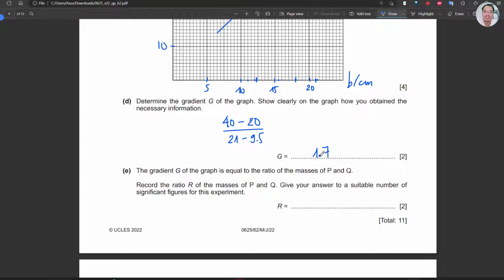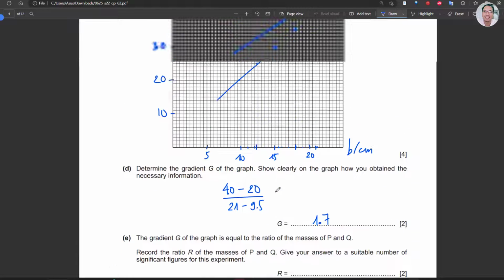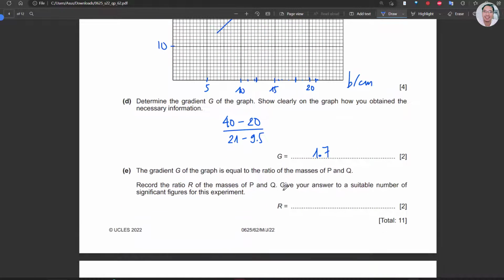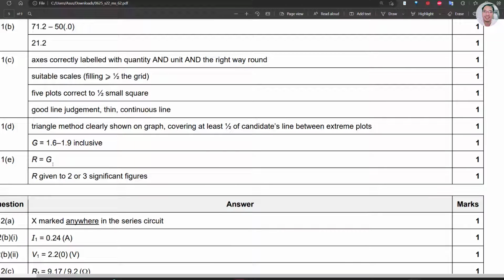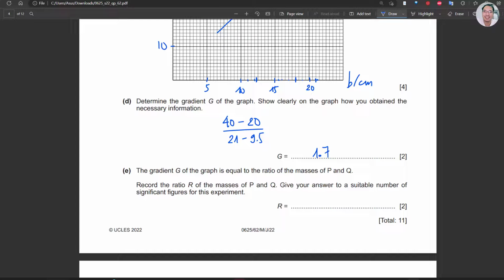The gradient I calculated is 1.7. So what is this answer? The ratio of the masses P and Q. So the answer for R here is the same, 1.7. R equals the gradient, so yeah, the same answer. Given to two or three significant figures, so we are allowed to take three significant figures. 1.74, okay.